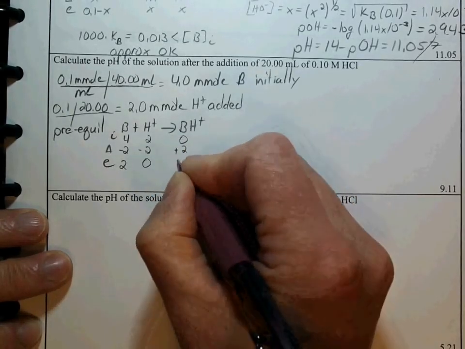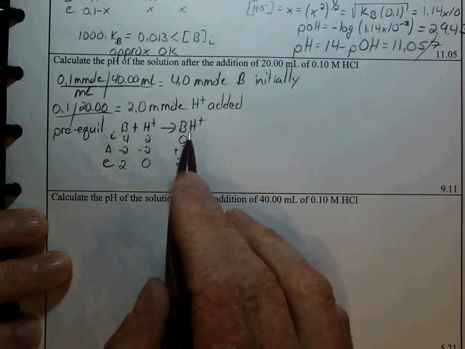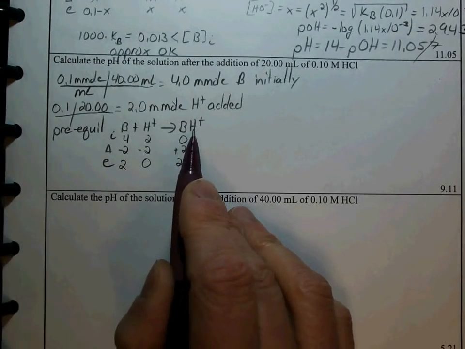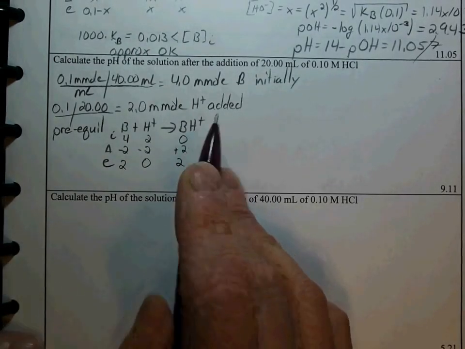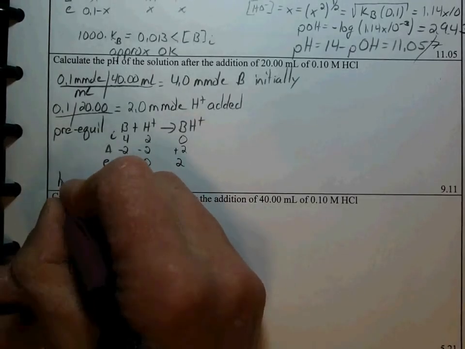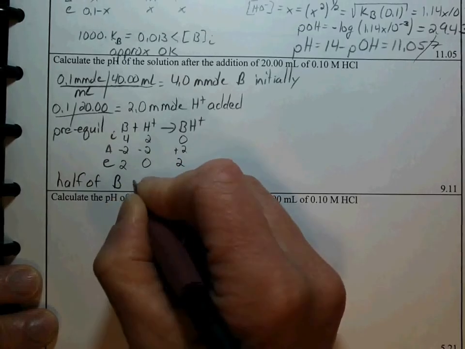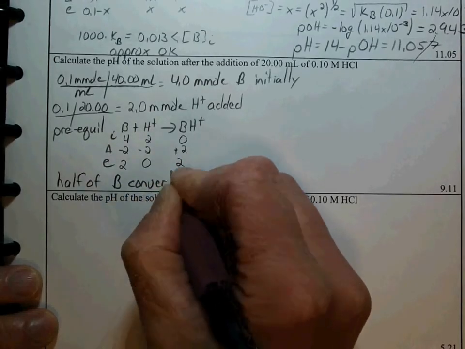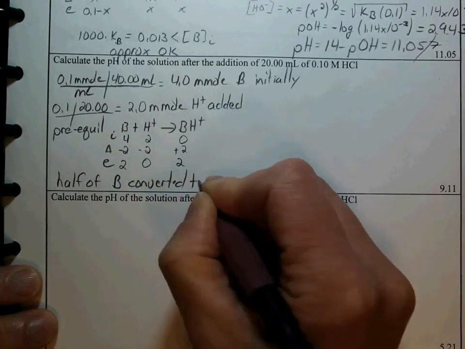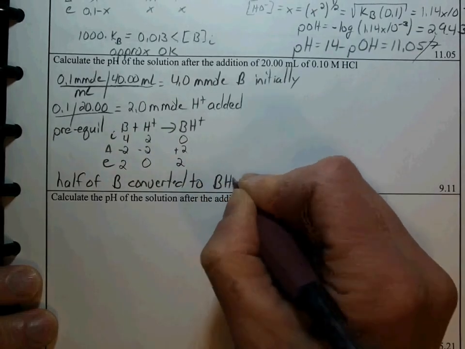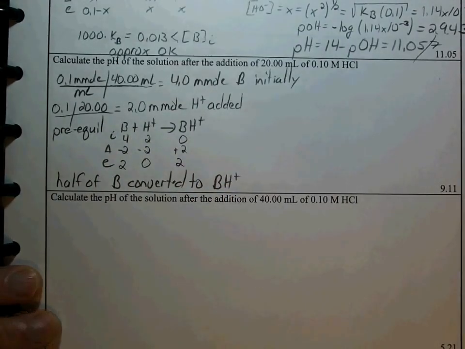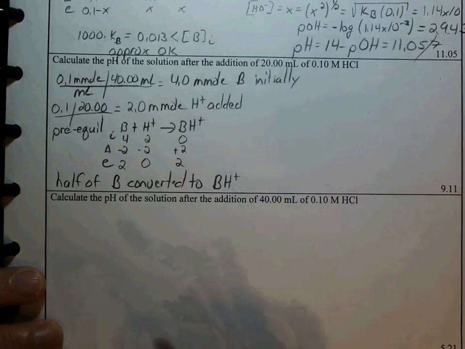And we have 2 millimoles of our conjugate acid. So essentially half of the base has been converted to the conjugate acid. So we're halfway to equivalence. We're halfway through the buffer region.